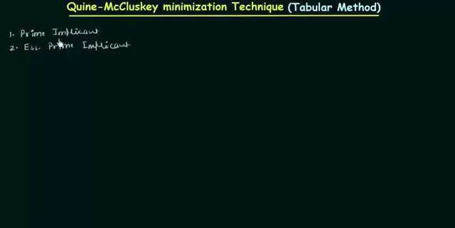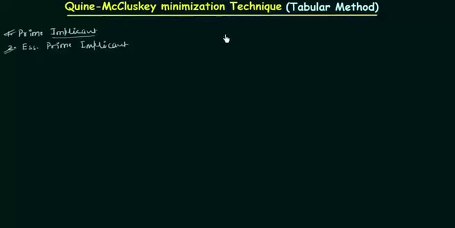Implicant is nothing but a group of ones, and prime implicant is the largest possible group of ones. Essential prime implicant is the prime implicant having at least one minterm that cannot be combined in any other way. So this is all that you should know about prime implicant and essential prime implicant before moving to the tabular method. We will take one example to understand all the steps involved in the tabular method.